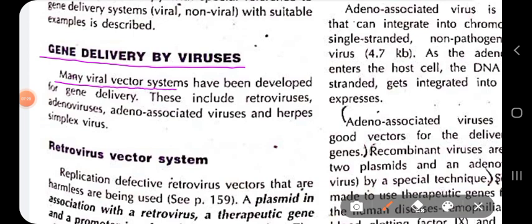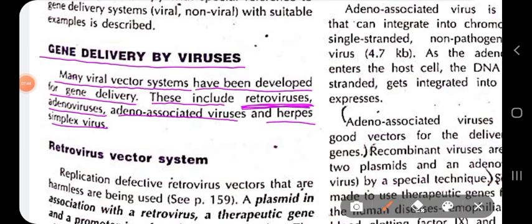Many viral vector systems have been developed for gene delivery. This includes retrovirus. We have also used retrovirus system in ex vivo gene therapy as well. Adenovirus, adeno associated virus, and herpes simplex virus, which is known as HSV.